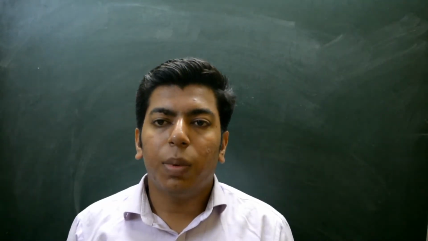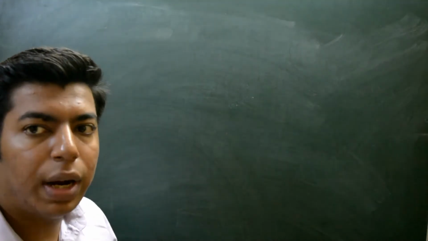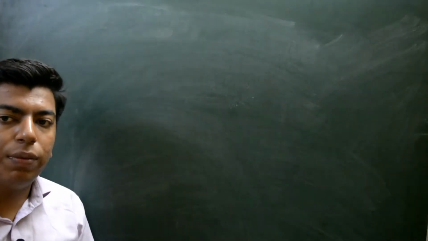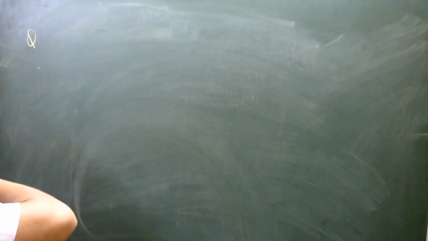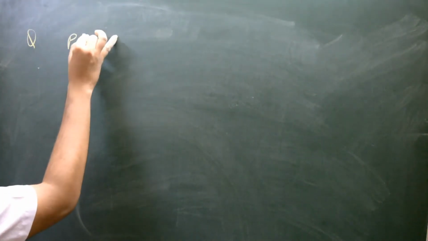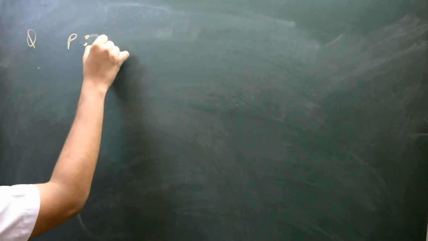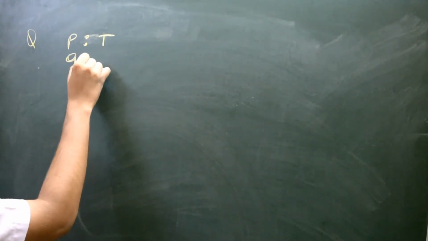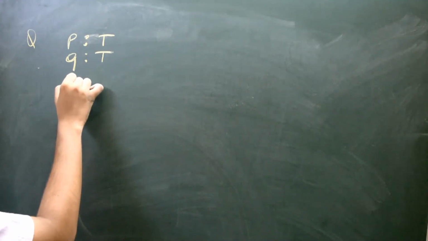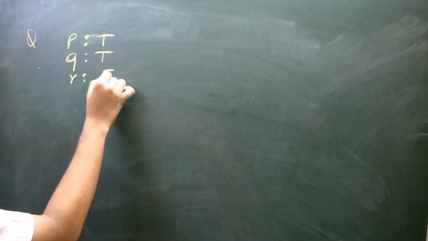So the next problem is to find the truth value. In the question we are given the data that P is true, Q is also true, and R is false.